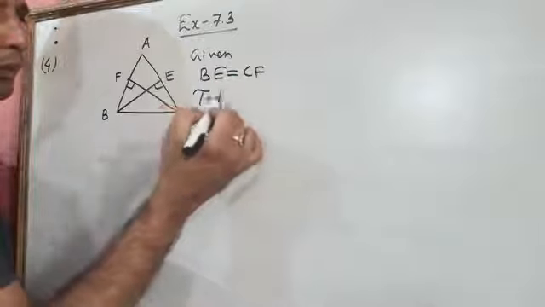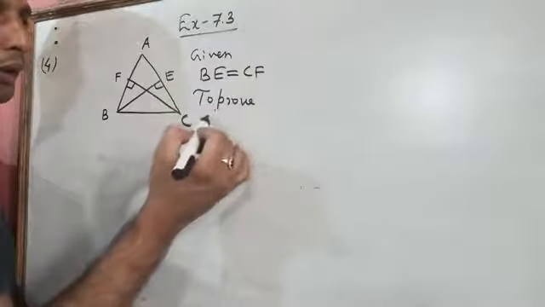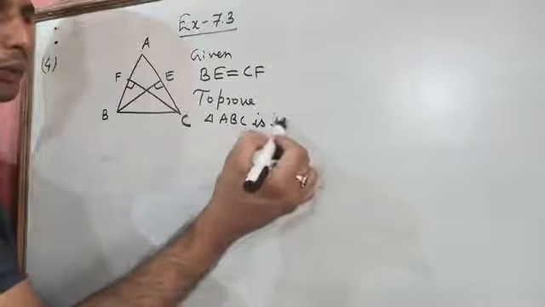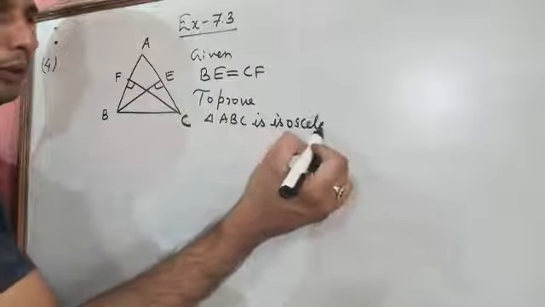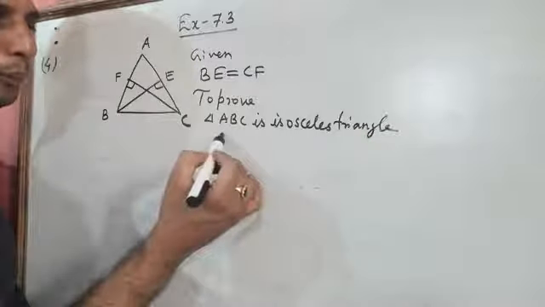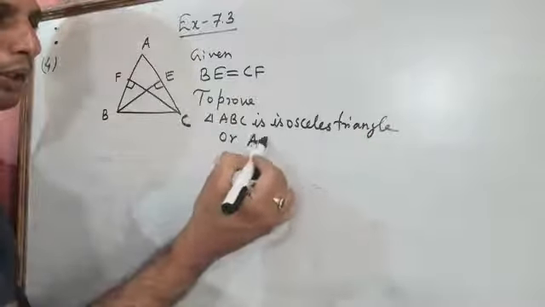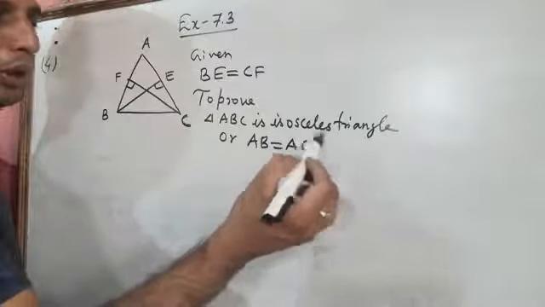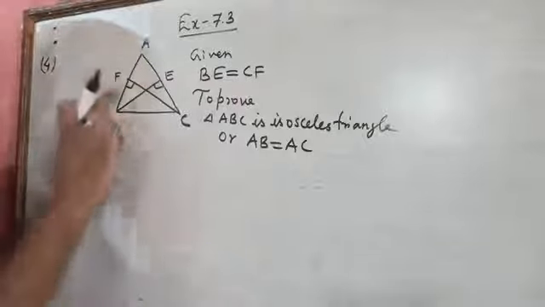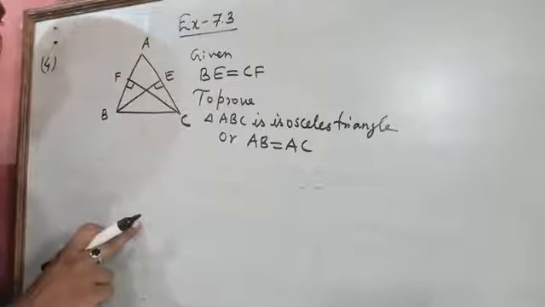And to prove, triangle ABC is an isosceles triangle. Isosceles triangle means we have to prove AB is equal to AC. If AB equals AC, then ABC is an isosceles triangle.